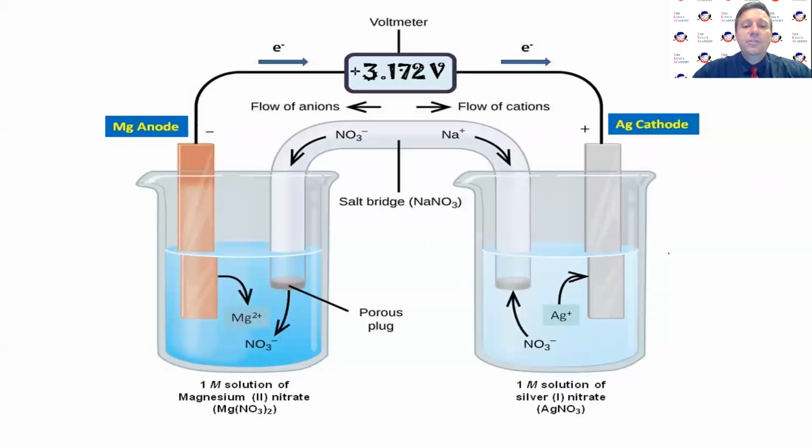Once again, here is a galvanic cell, and this time it is labeled for us. You can see that the magnesium strip and the silver strip are in solution. Here we have magnesium nitrate, and this side we have silver nitrate. And you can see what's happening.